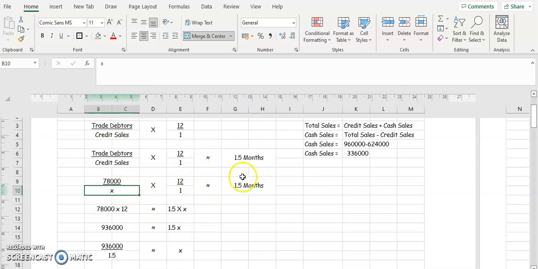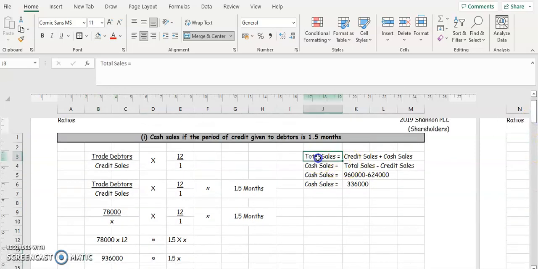So we're bringing X over the equals, and you're going to have 78,000 multiplied by 12 equal to 1.5 months multiplied by X. Because we want to find out what X is, we bring 1.5 back over the equals. If it's multiplying on one side, it's going to be division on the other side. So 78,000 multiplied by 12 gives you 936,000, divided by 1.5, and that's going to give you what your X is.